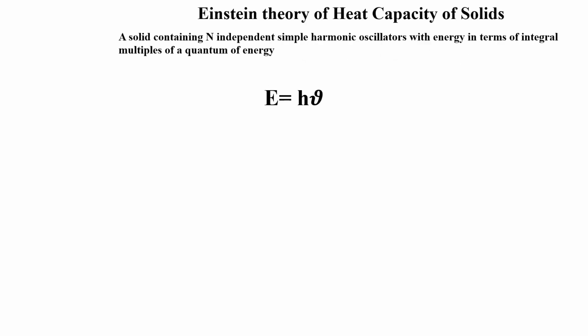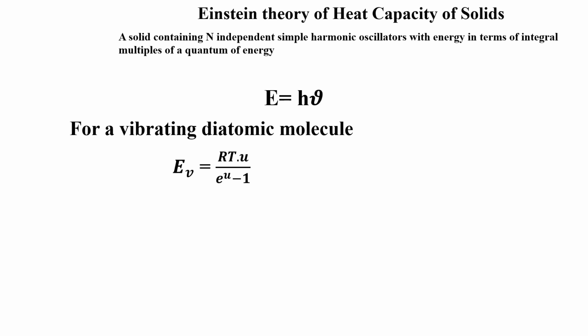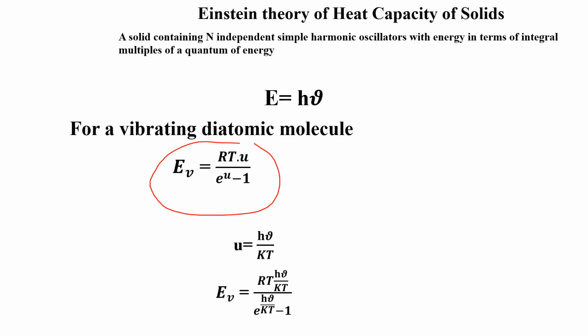In Einstein theory of heat capacity of solids, it is assumed that there are N number of independent simple harmonic oscillators with the energy value E equal to h nu. The energy for a vibrating diatomic molecule, EV, is equal to RT into U power U divided by E power U minus 1. We substitute the U value as h nu by kT.